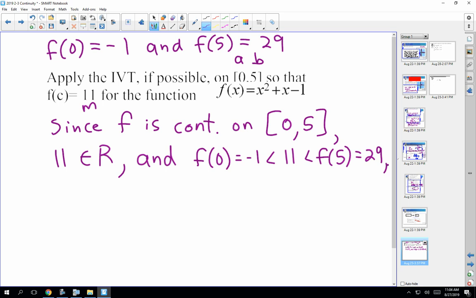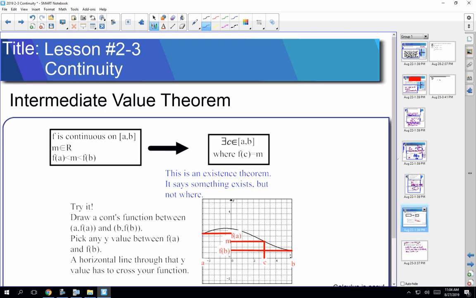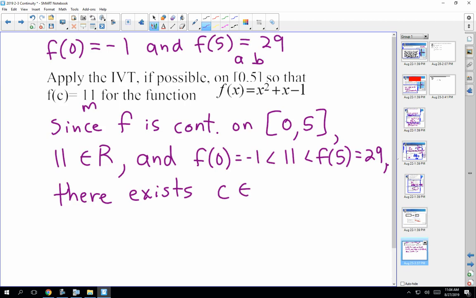Then there exists a C in [0, 5]. If you want to use that symbolism, that's fine, a C element of [0, 5]. That's how we're writing it out.